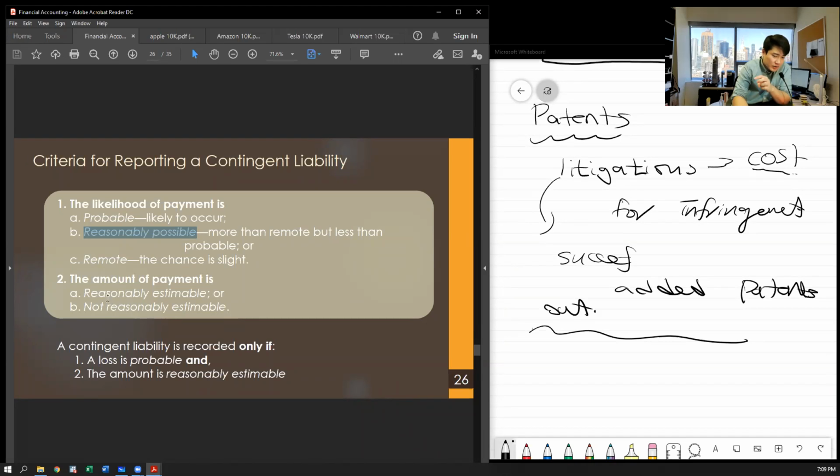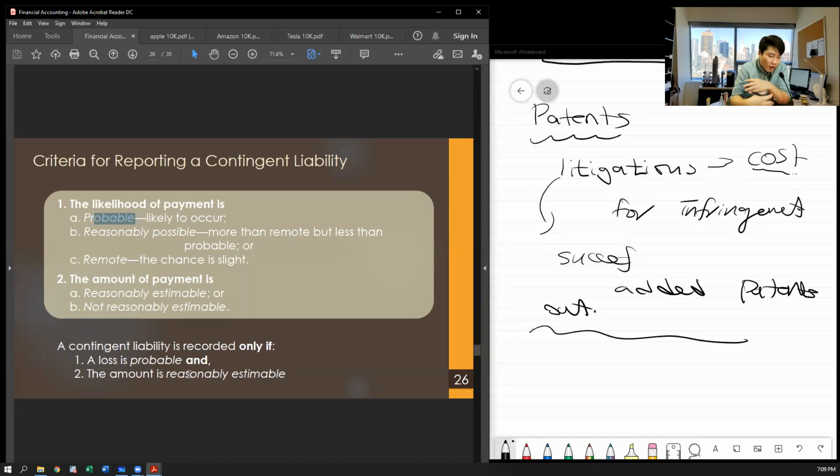Also, even though there is a high probability that the company will lose, the amount of the payment can or cannot be estimated, depending on the case. So at the end of the year, a contingent liability is reported only if the loss is probable, which was this case, and the amount is reasonably estimated.